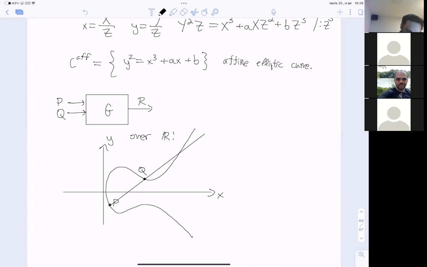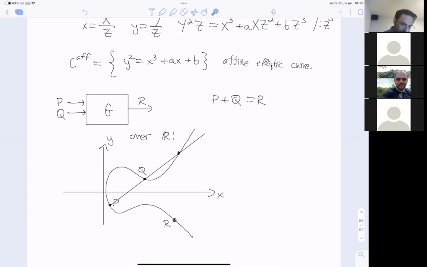And we get the third intersection. Now, P plus Q, this is the operation of the group. We don't take it as this point, but rather its reflection: we take the same x, but minus y. It's here. This is how we add two points over the curve.